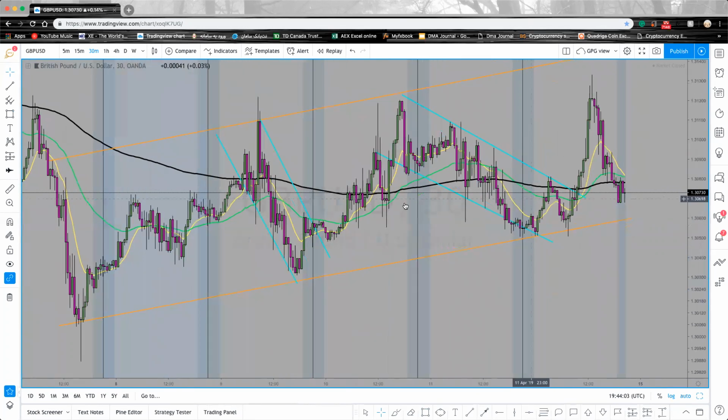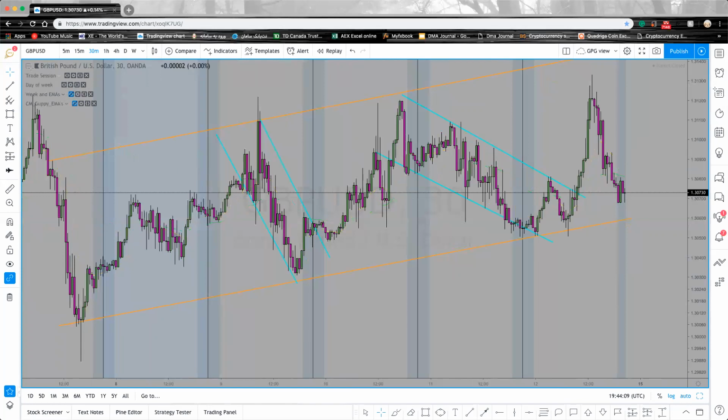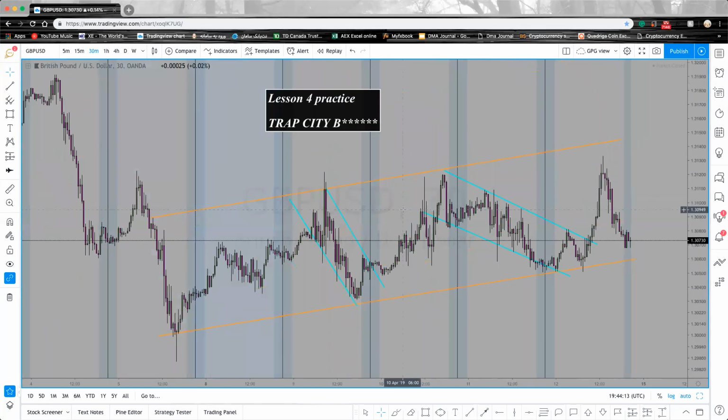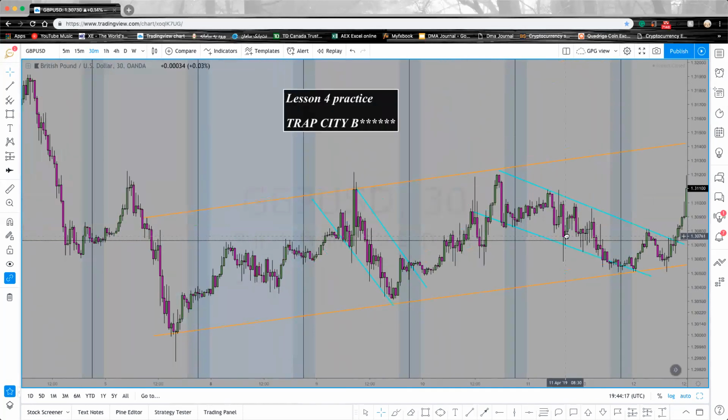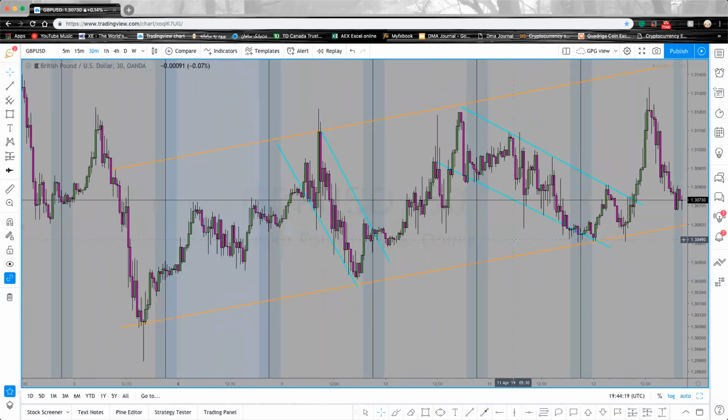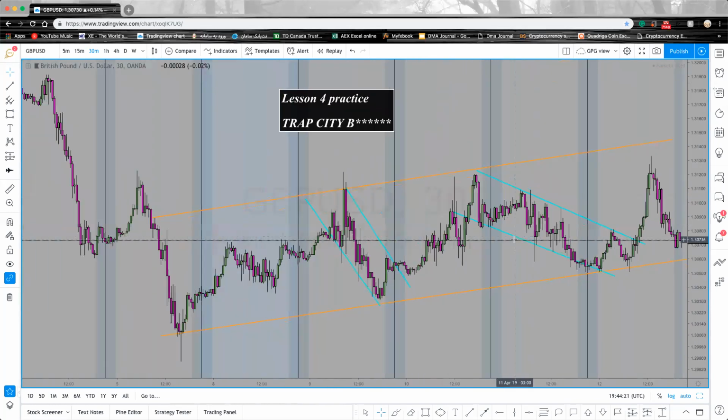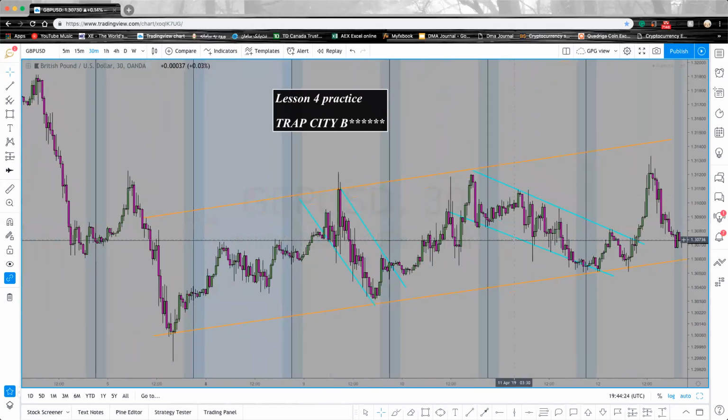For now I want to drop the EMA, and the reason is that lesson 4 is more like candle and support resistance trap. So you don't basically need all these EMAs on the chart to identify.